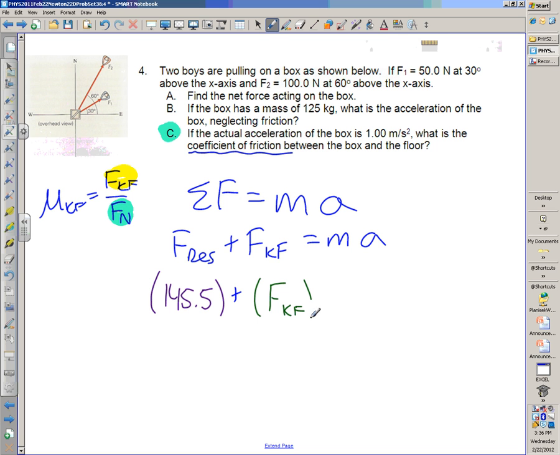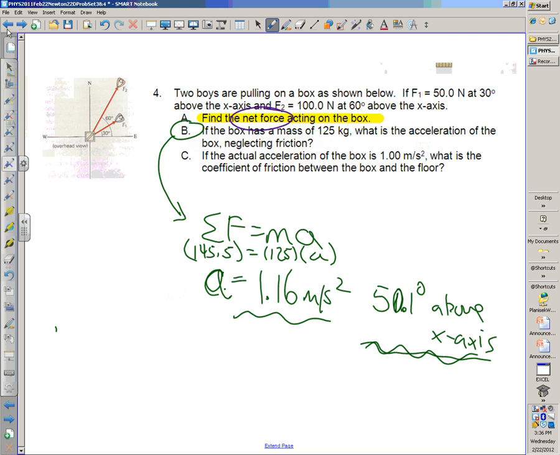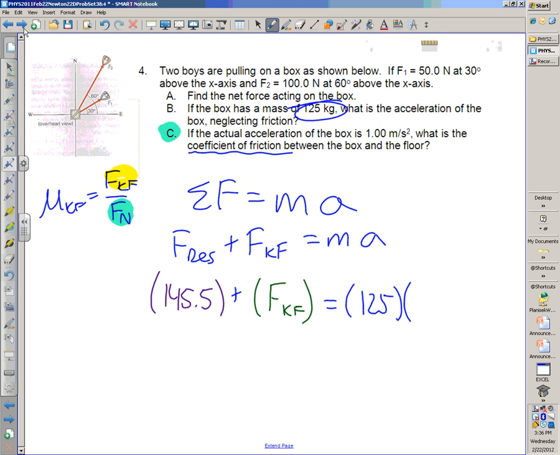It was green on the drawing. But we do know what the mass is. It's 125 kilograms. It told us that in part B. And also, in part C, it told us that the actual acceleration was 1.0 meters per second.